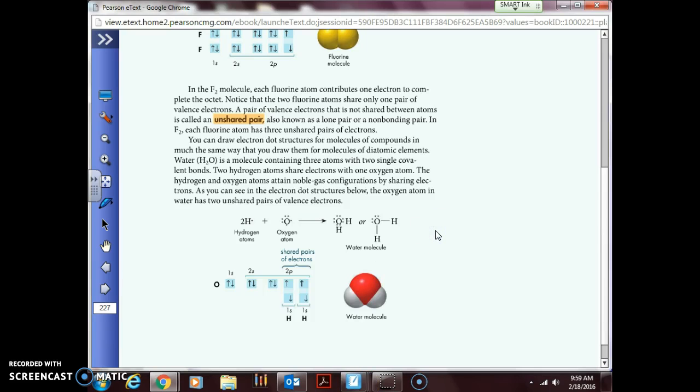This shows you the water molecule. There are different models that are used to show the arrangement of atoms in a molecule. This is called a space-filling model. And the larger red ball in the middle is your oxygen, and the little white spaces represent your hydrogen.